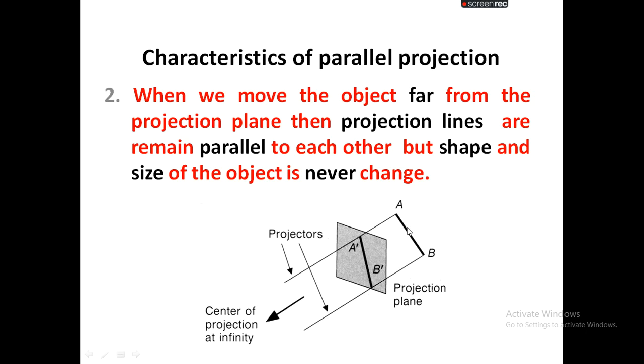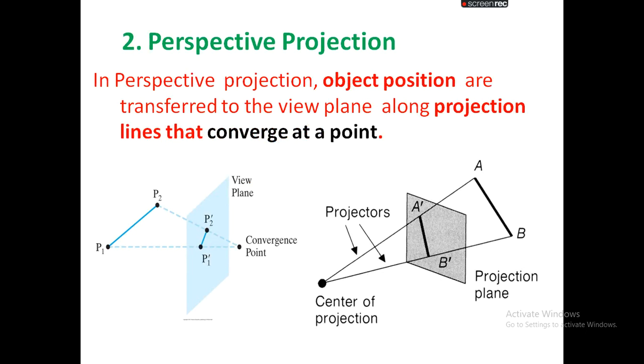If I place the projection plane far from this line segment and project it from space onto the projection plane, the projection lines are always parallel to each other for the infinite distance. So this is the second characteristic of parallel projection in computer graphics.